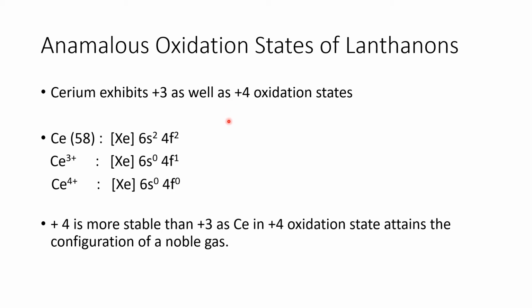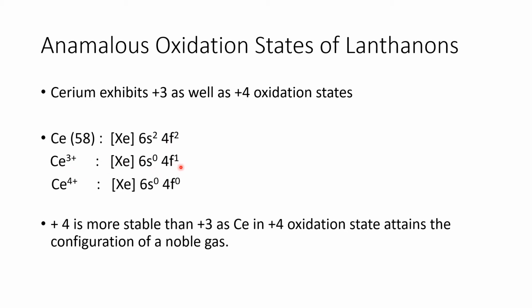Now let us see how this oxidation state can be explained. Cerium's outermost configuration is 6s2 4f2. In +3 oxidation state, after the loss of 3 electrons, 2 from the 6s level and 1 from the 4f level, cerium has a configuration of 6s0 4f1.